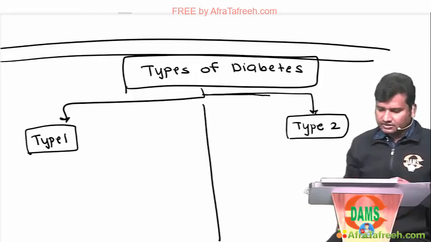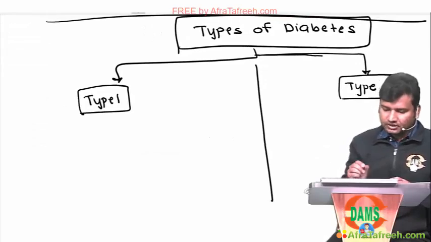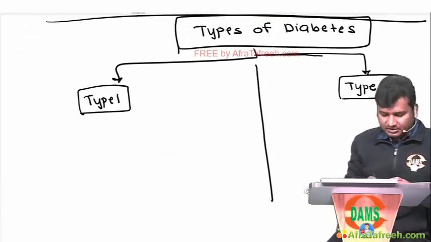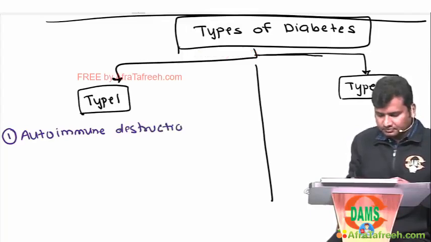First we will see type 1 diabetes. In type 1 diabetes, there is autoimmune destruction of beta cells.